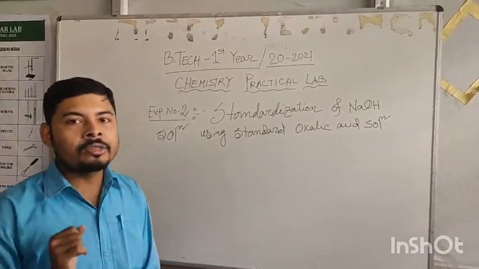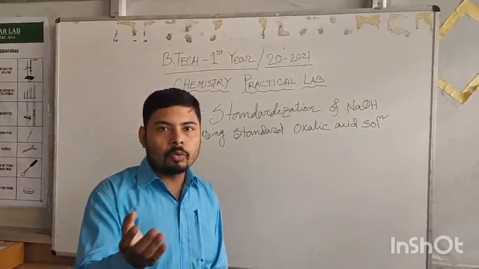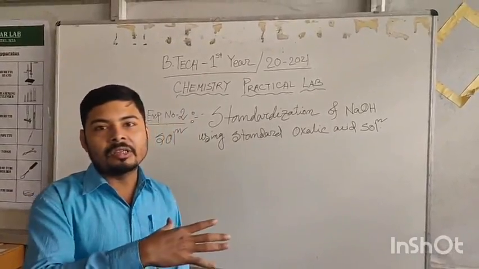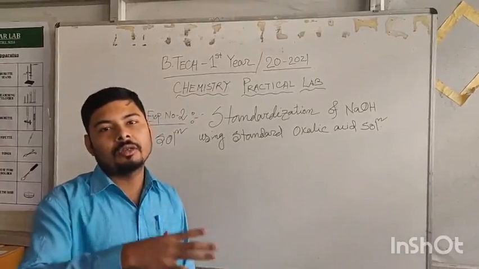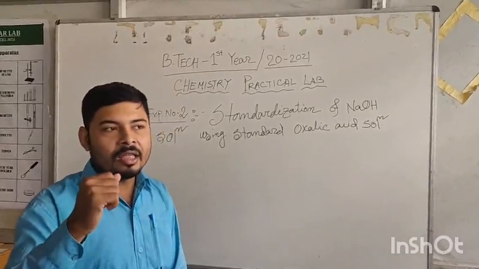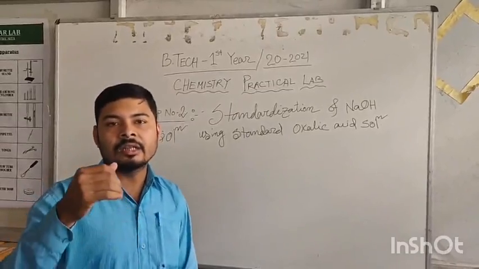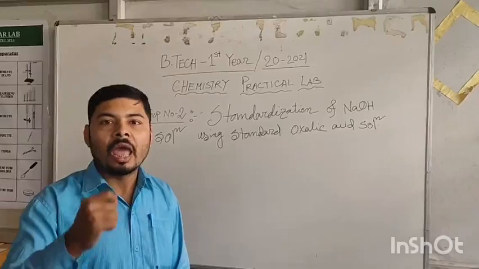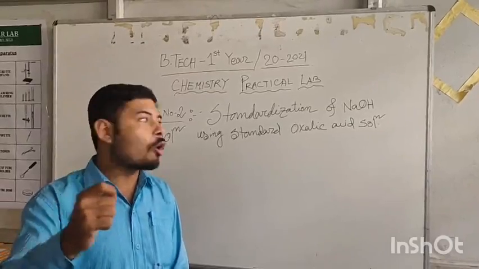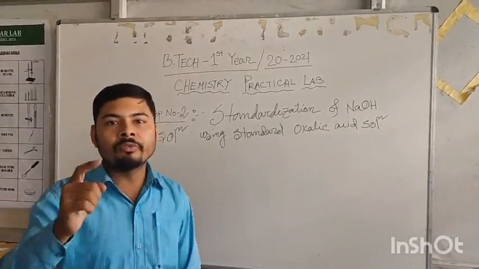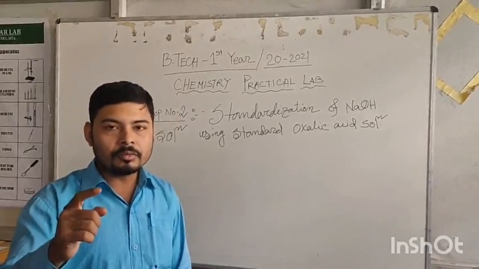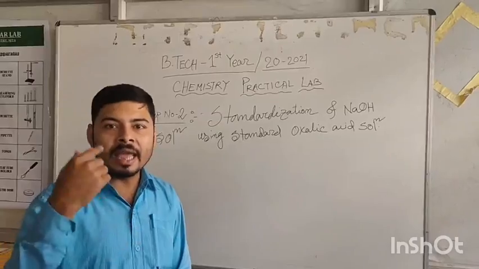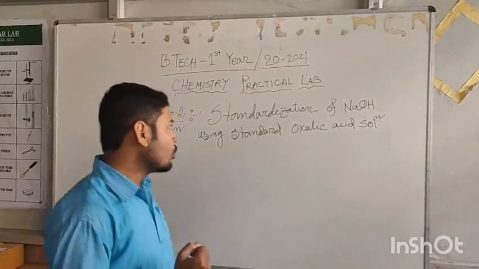For this, we have to take a reference primary standard solution to identify the strength of a secondary standard solution. And this is the process called standardization, which we will use to determine the exact strength of a secondary standard solution.